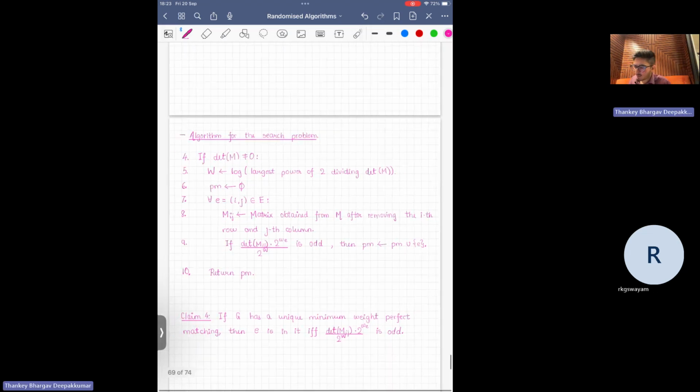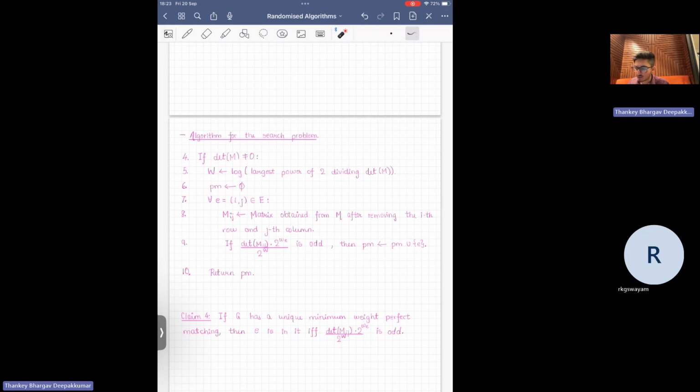So we have computed this Mij. Now we compute the determinant of Mij multiplied by 2 to the WE, the weight corresponding to edge E, and divided by 2 to the W. If this is odd, then we say that E is in the perfect matching. Otherwise, we don't add E to the perfect matching.